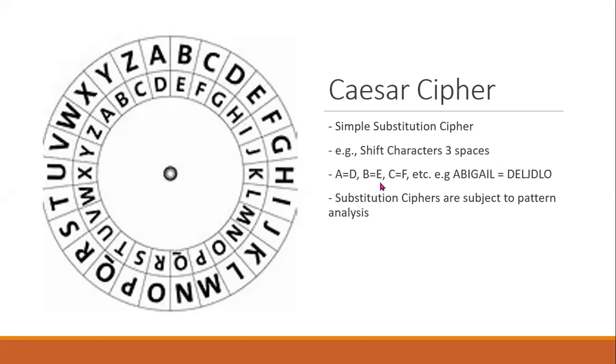Once they first identify E, they may find it easy to go and find all the the's in a message. And once they found all the the's, they can then find any words that contain the letter E or H or T. So they are subject to pattern analysis. That is a risk if you're using the Caesar cipher.